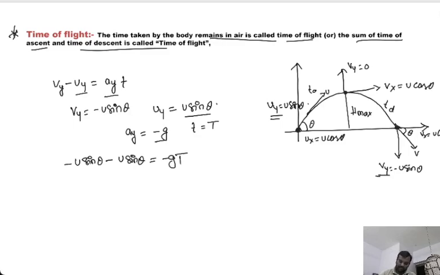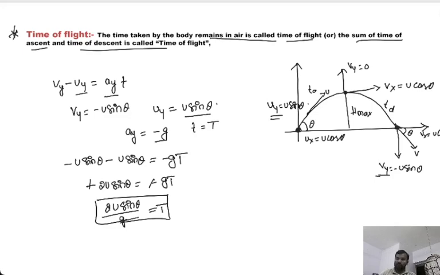So minus 2u sin theta is equal to minus gt. The minus signs cancel. Then you write 2u sin theta divided by g is equal to t. This is the time of flight.